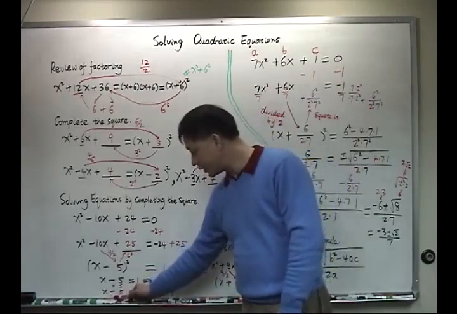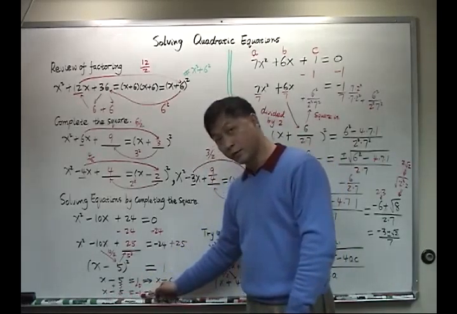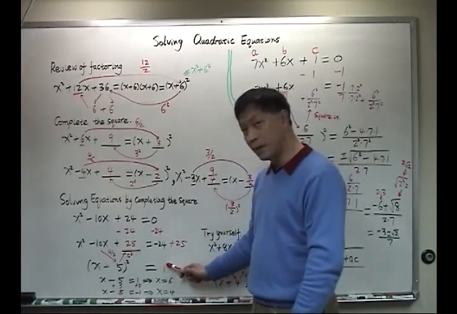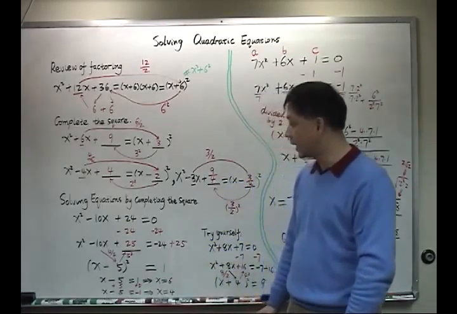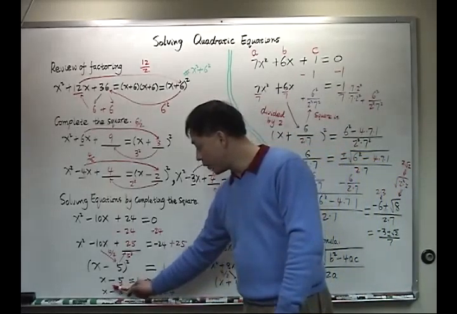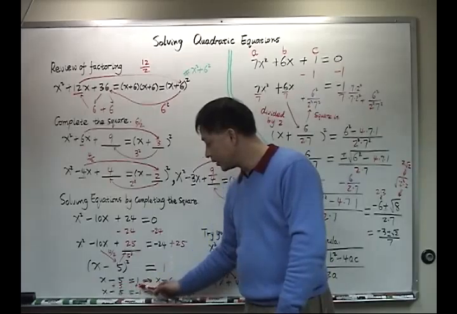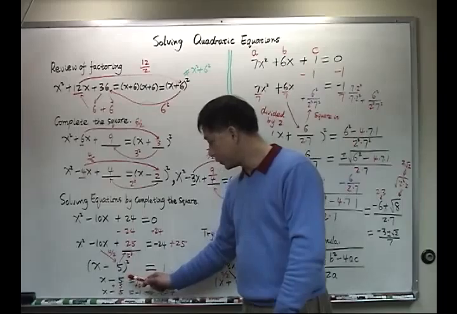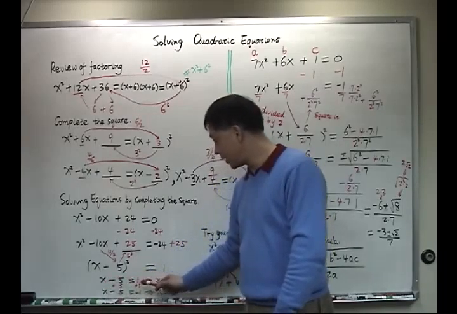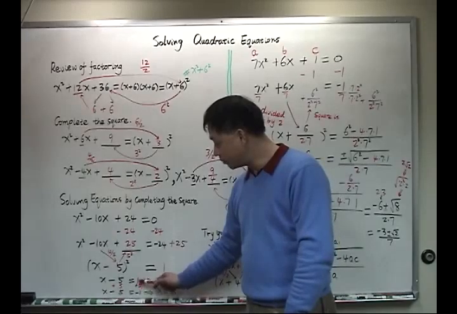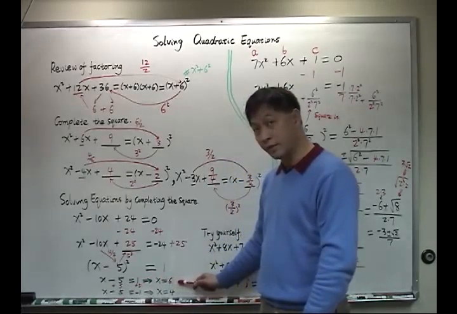And x minus 5 can also be negative 1, because we know negative 1 squared is still 1. Okay? If you add 5 on both sides, positive 5, negative 5 cancel each other. So you have x left on the left-hand side. Right-hand side you have 5 plus 1, which gives us 6.